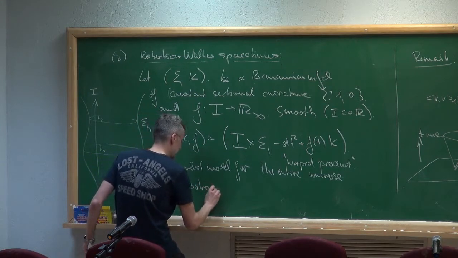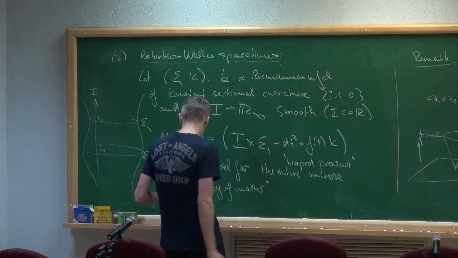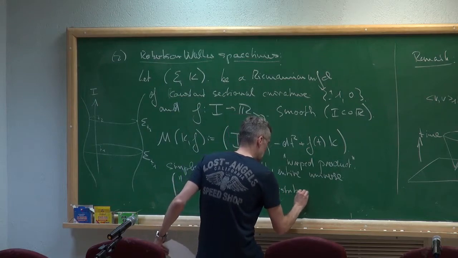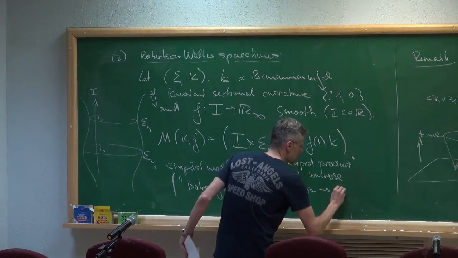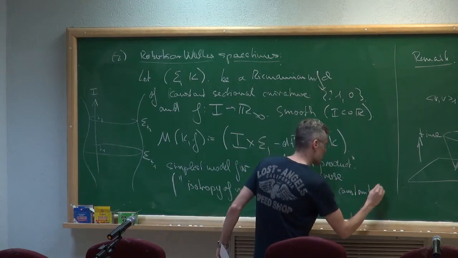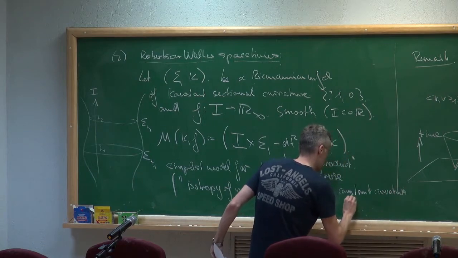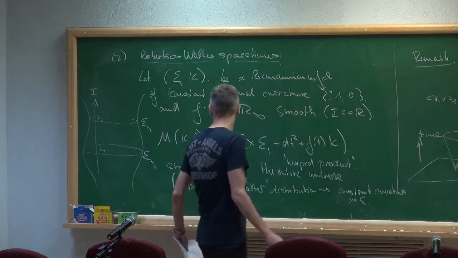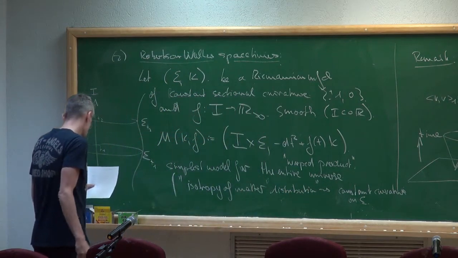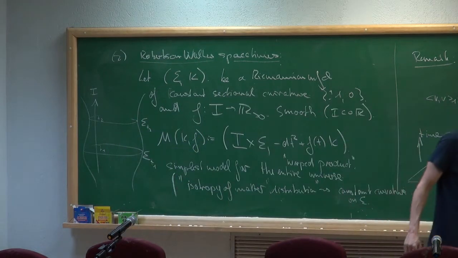So, as I said, let me write this down. Isotropy of matter, that matter distribution, leads to constant curvature of the hypersurfaces, constant curvature on Sigma, and I forgot the quotes here.